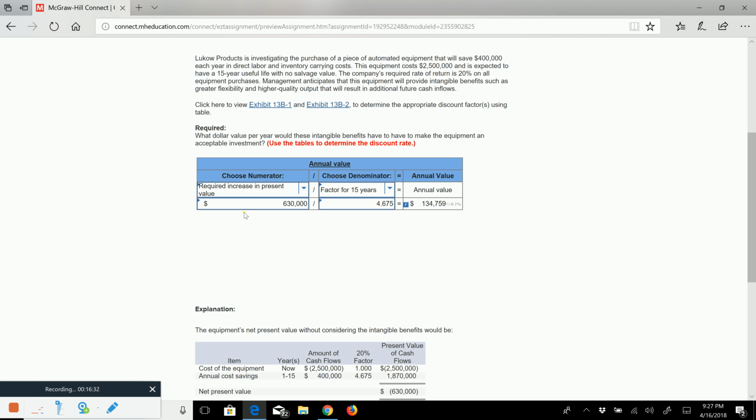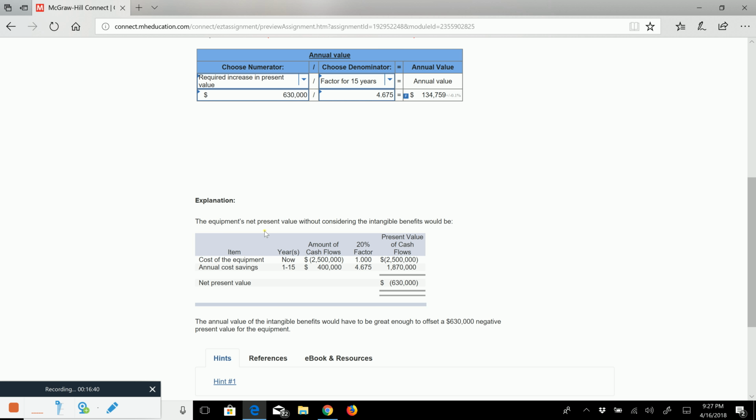Your numerator is going to be the required increase in present value, $600,000. How do I know that? Well, if we take a look at our net present value calculation, right now we need to spend $2.5 million. That's already at present value. That's why in the present value column we have negative $2.5 million.